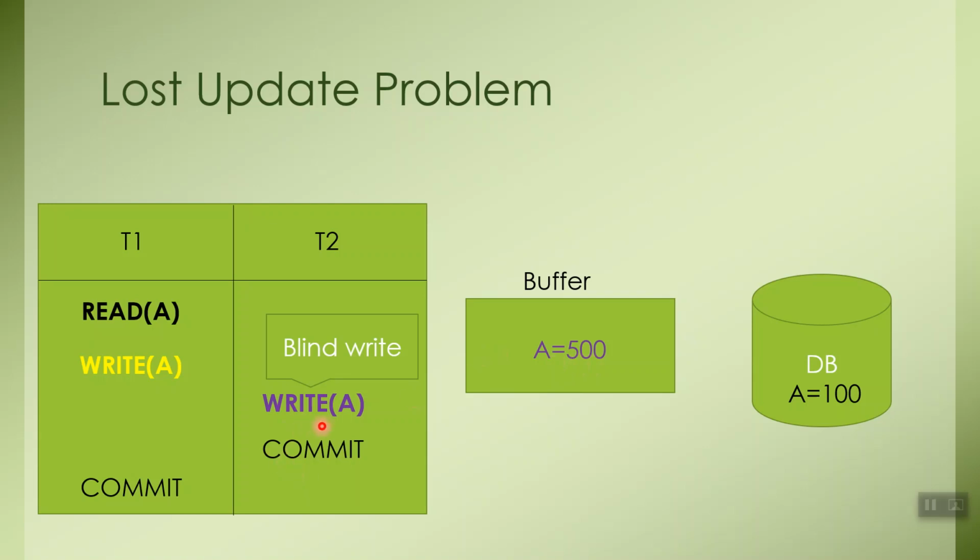After performing this blind write, T2 commits its operation. Therefore, whatever changes were made by T2 in the buffer are now reflected in the database. After this, the context switch happens and T1 executes the commit statement. The work of the commit statement is to update the values present in the buffer into the database.